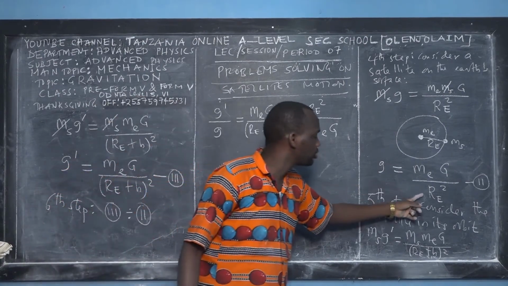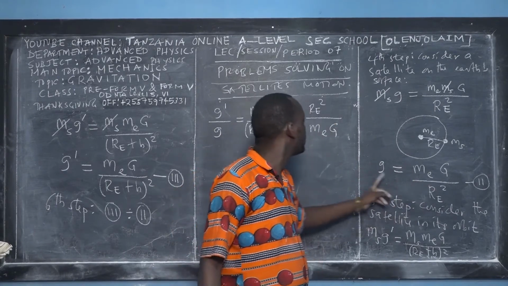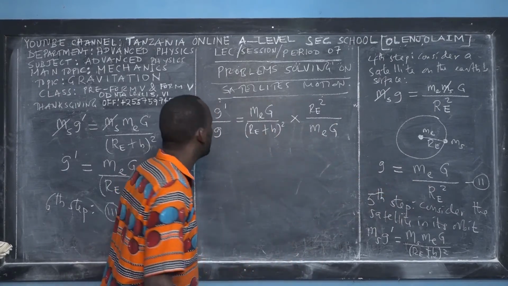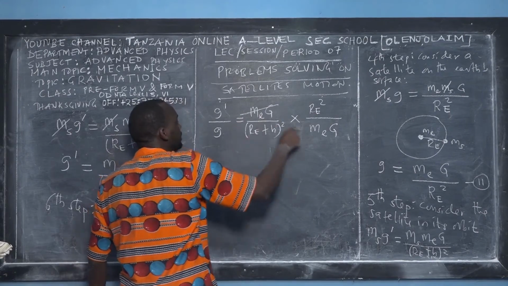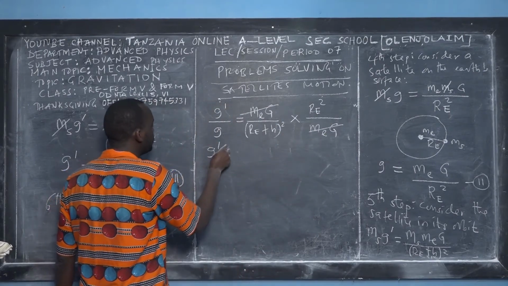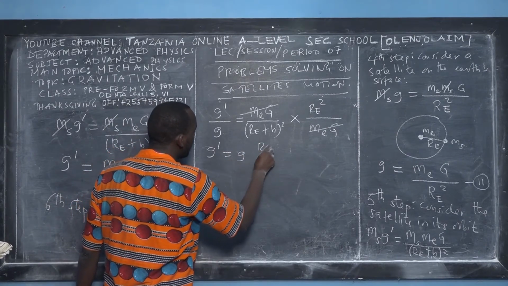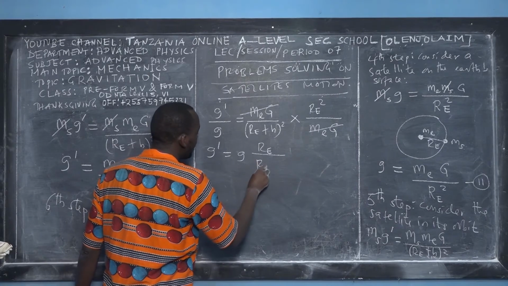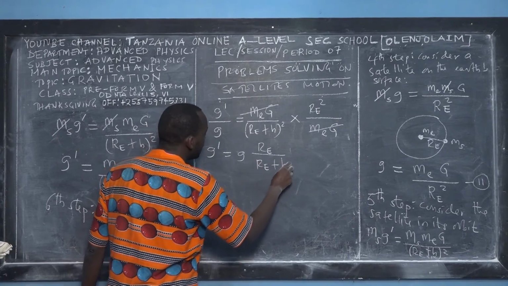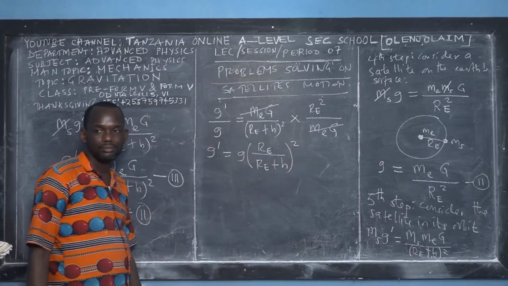The denominator becomes the numerator, and the numerator becomes the denominator. If that's the case, these are similar constants, so they will cancel, and we say that g dash is equal to g times the radius of the Earth over the radius of the Earth plus the height of the satellite above the Earth's surface, squared.